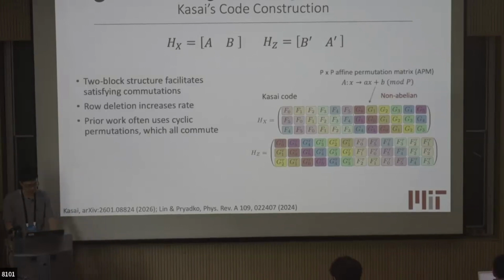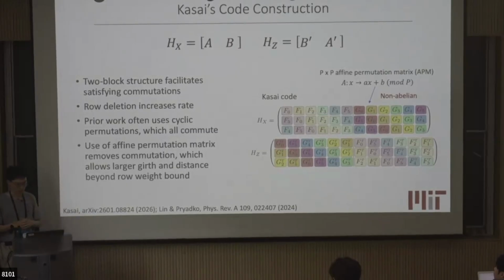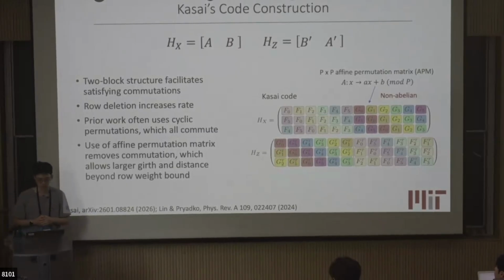So more specifically, in his construction, you take these block cyclic structures which give you enough structure at the protograph level to design things. You then plug in affine permutation matrices, which in general can be non-commuting, but you can also design them to be commuting, right? Like a cyclic permutation is just setting A equals 1 here, so it's a special case.